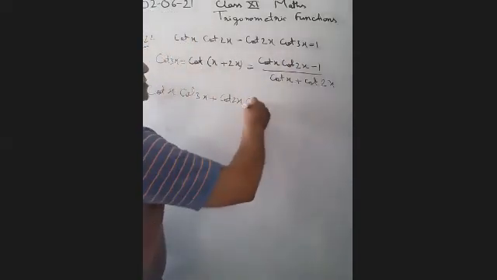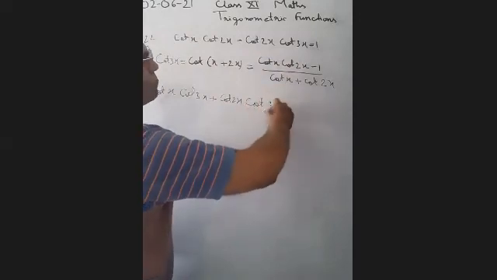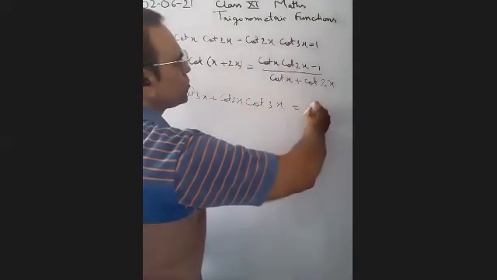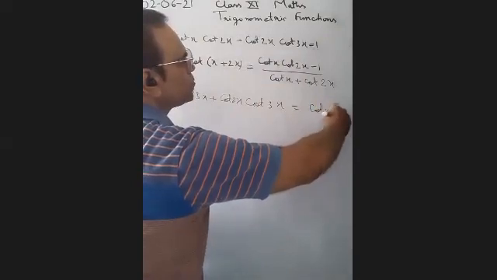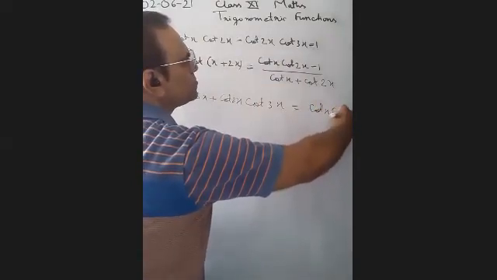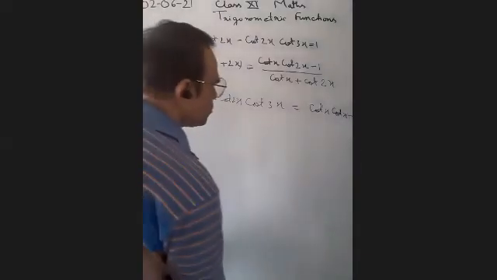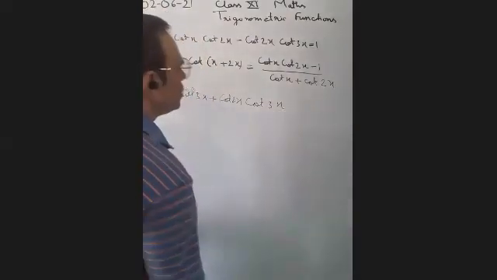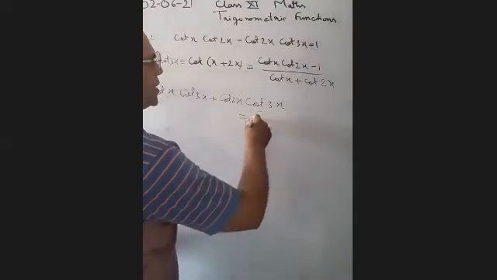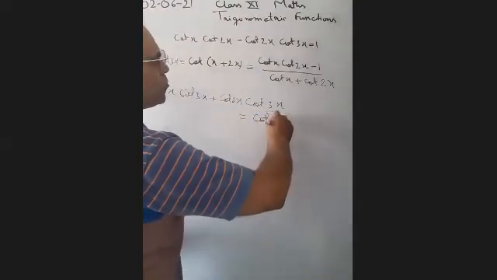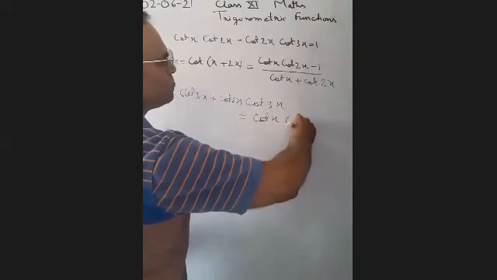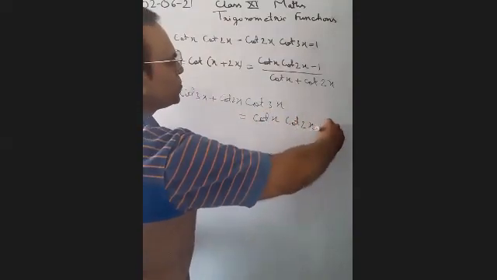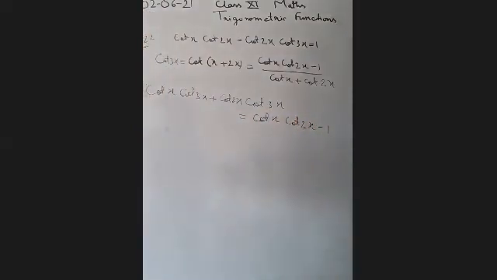Cot 3x equal to cot x cot 2x minus 1. If it is not coming on your board, I can write it here also.